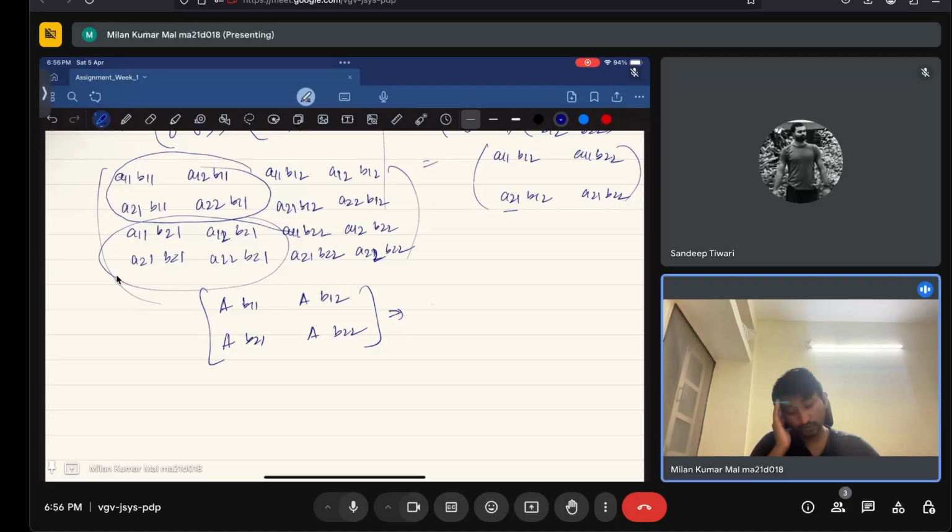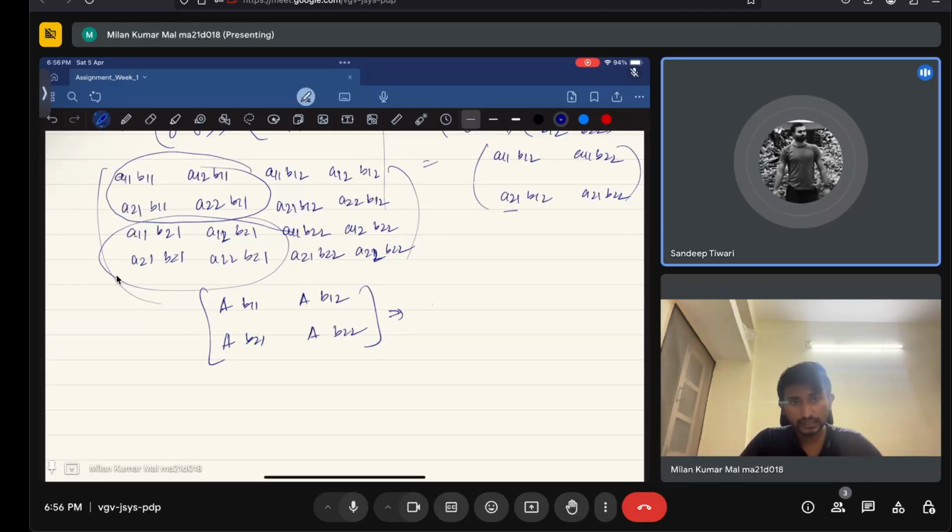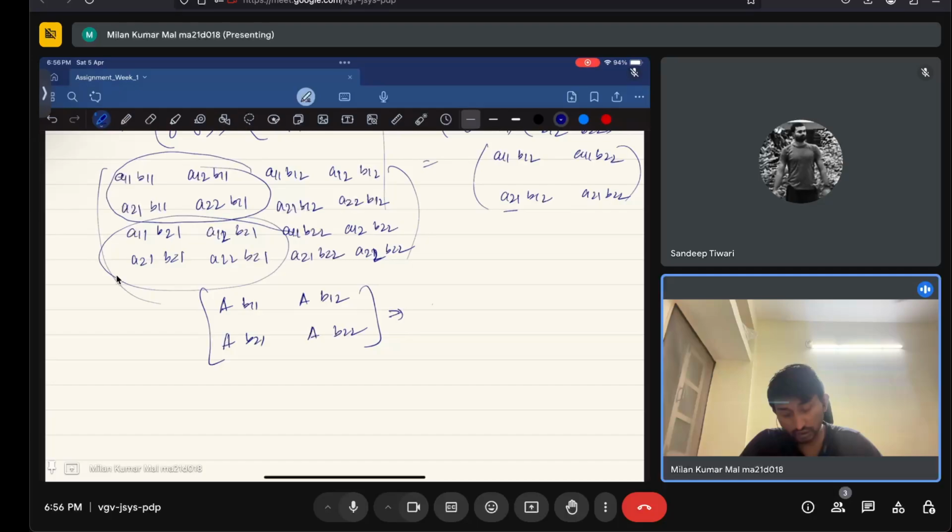I mean, if you have a block matrix and the first blocks in the first column commute, then the determinant can be AD minus BC. Yes, sir, they are commuting here. There is no doubt about that, right?